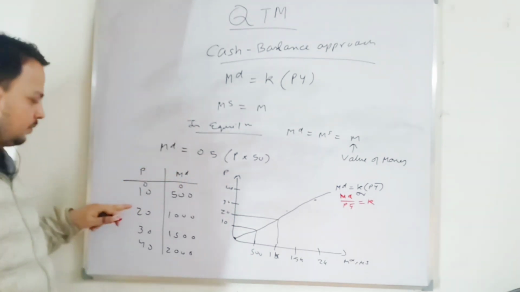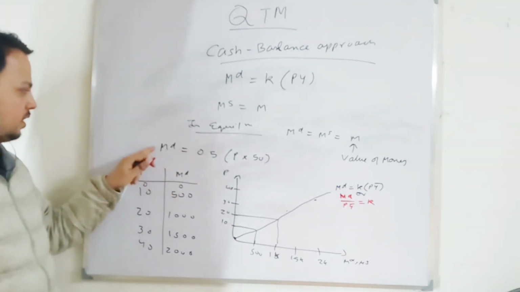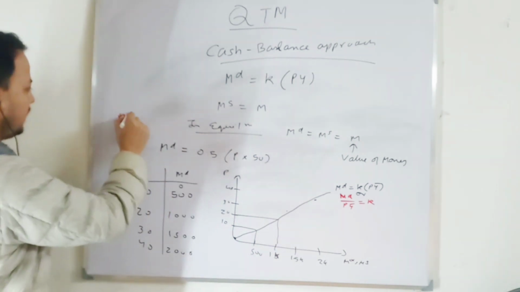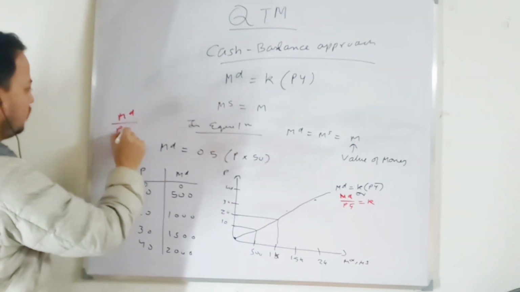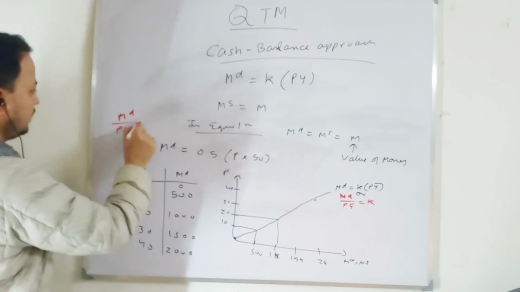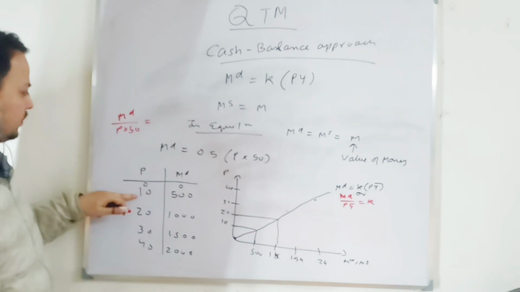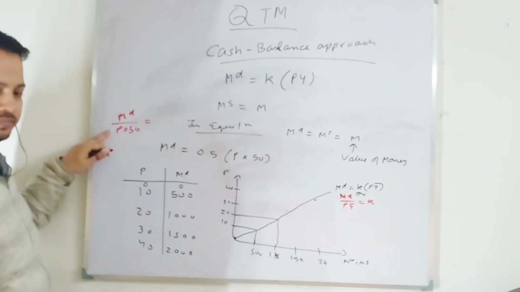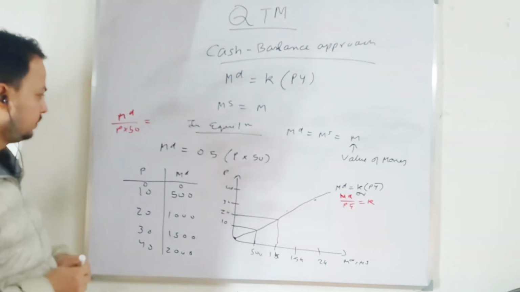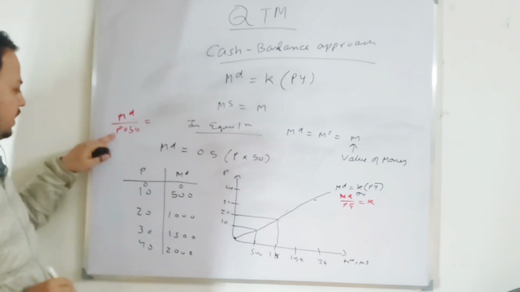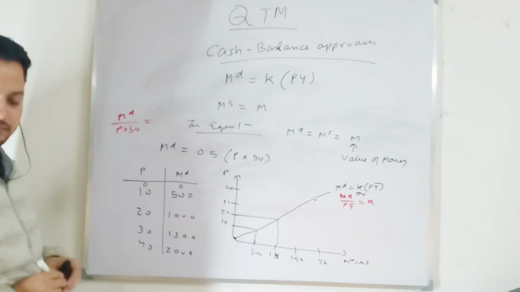It is 0.5, right? So money demand over P into your output level, which is 50. How much is it? So here you just write 10, 10. And what is the price level? Write it. Now money demand is 500. Here you have 10. Yes.